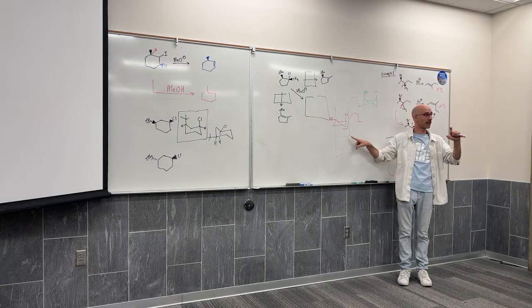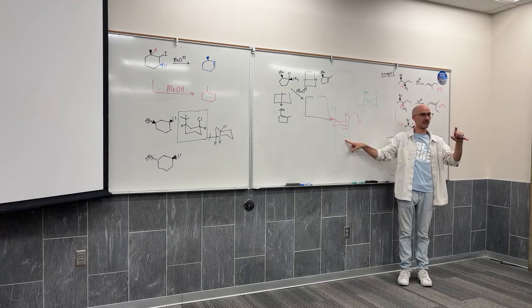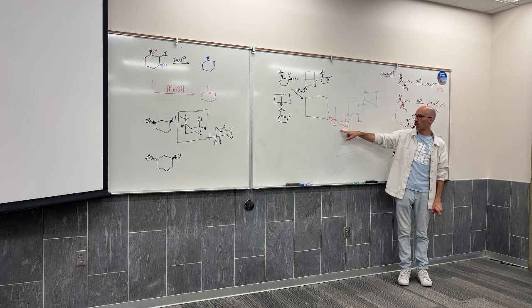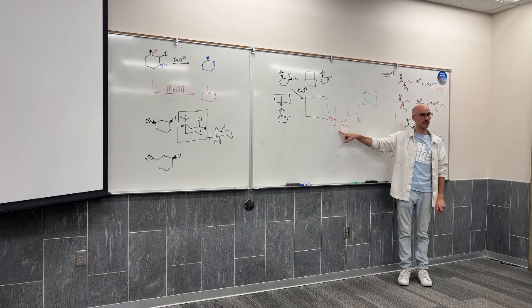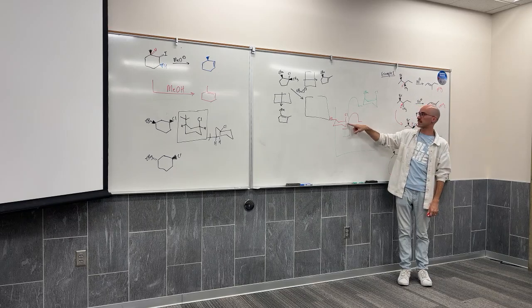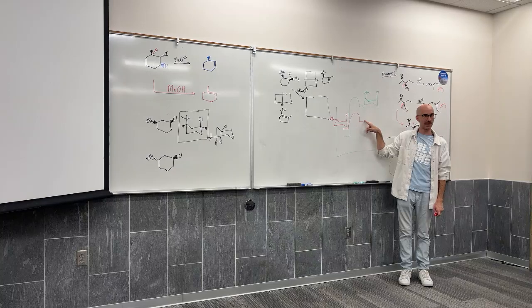So a larger amount of the green diastereomer is at this unreactive conformation at room temperature. What about the red diastereomer? This is more likely to be at the reactive conformation at room temperature. Keep in mind, it actually doesn't take as much energy for the red conformation to get to its higher energy state.